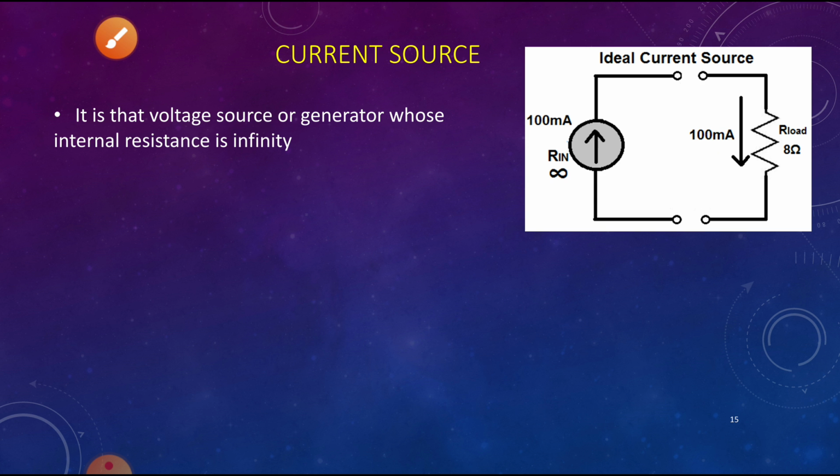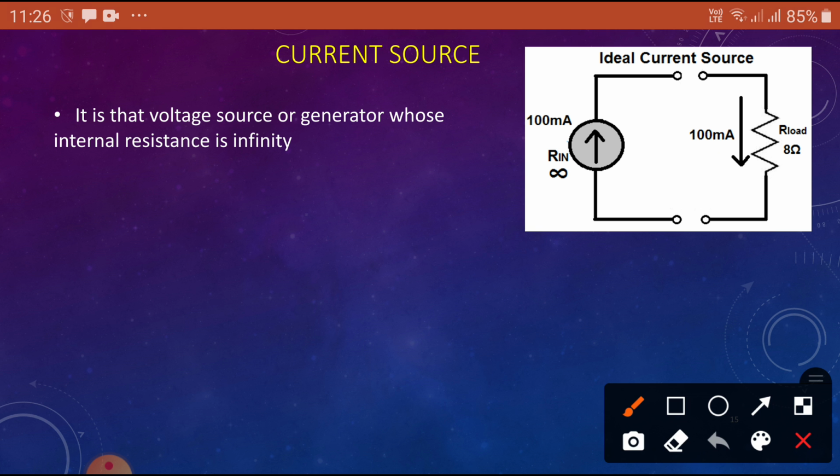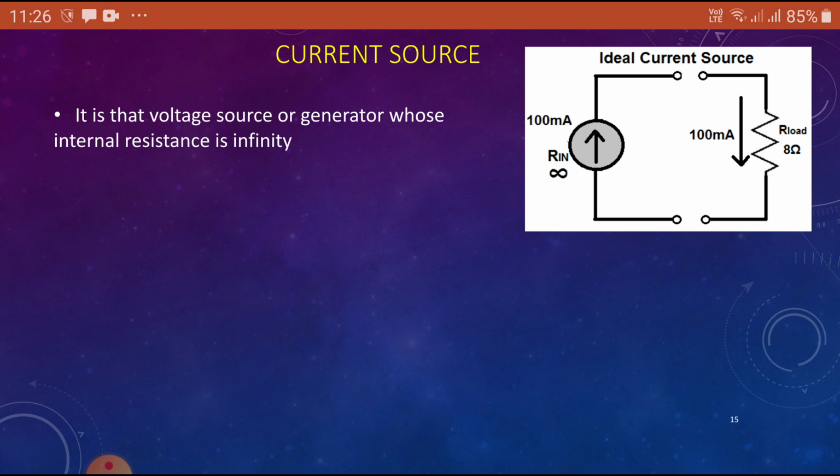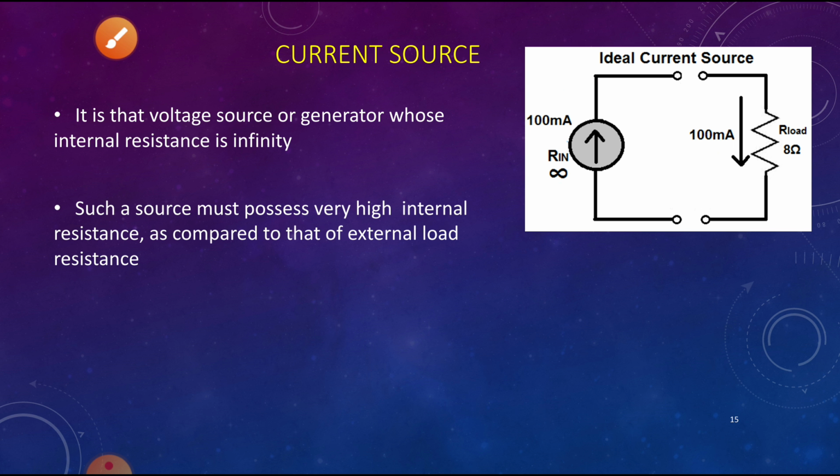Okay, now we can see here the internal resistance is infinity and a current of 100 milliamperes is flowing through the source, and here the load is connected, 8 ohms resistance. Such a source must possess a very high internal resistance as compared to the external load resistance.